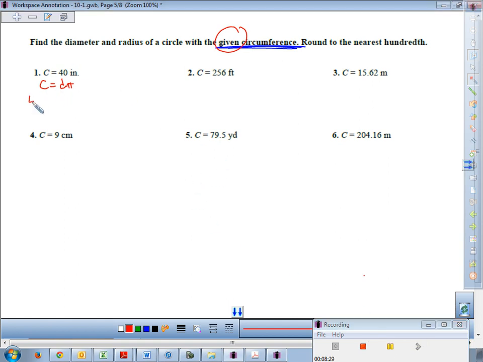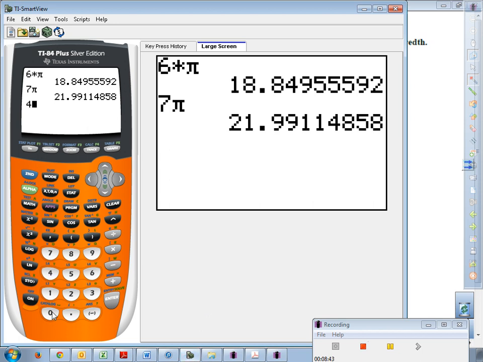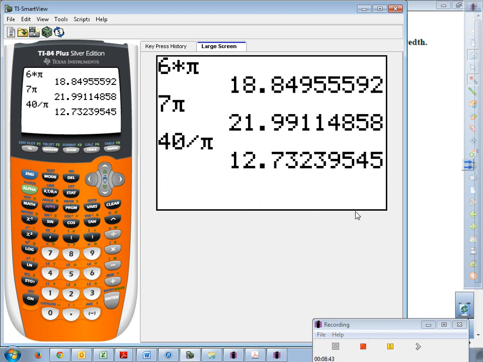So we can put 40 in for the circumference and solve for d. Well, to get d all by itself, we just divide both sides by pi. So d equals 40 over pi. And that's the exact diameter. Now we'll punch that in, 40 divided by pi. And they want us to round to the nearest hundredth, so that would be 12.73.